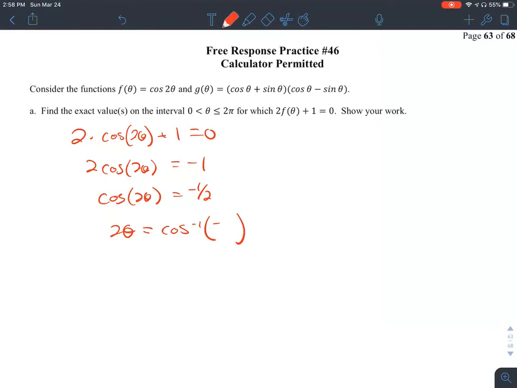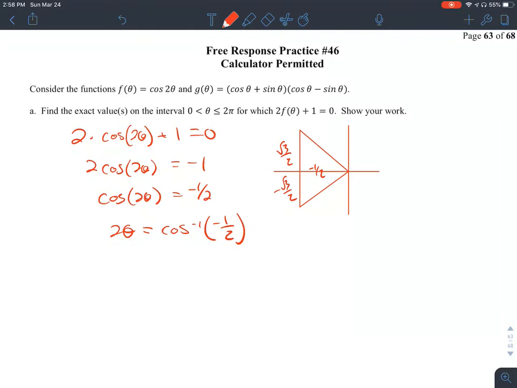Well, when is cosine equal to something negative? Well, that's when we're in quadrants 2 and 3. So if that's negative 1/2, that makes this square root of 3 over 2 and negative square root of 3 over 2.